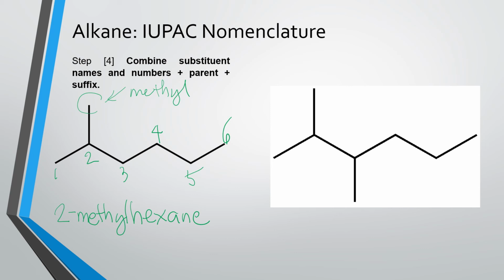Sa second one, hexane pa rin yung pinakamahaba. So, 1, 2, 3, 4, 5, 6. Kaya lang, meron tayong dalawang methyl group. Pag mayroon tayong dalawang magkaparehong substituent, gagamit tayo ng prefixes that will tell us kung ilang meron. Pag isa, mono, hindi na tayo gumagamit ng mono.